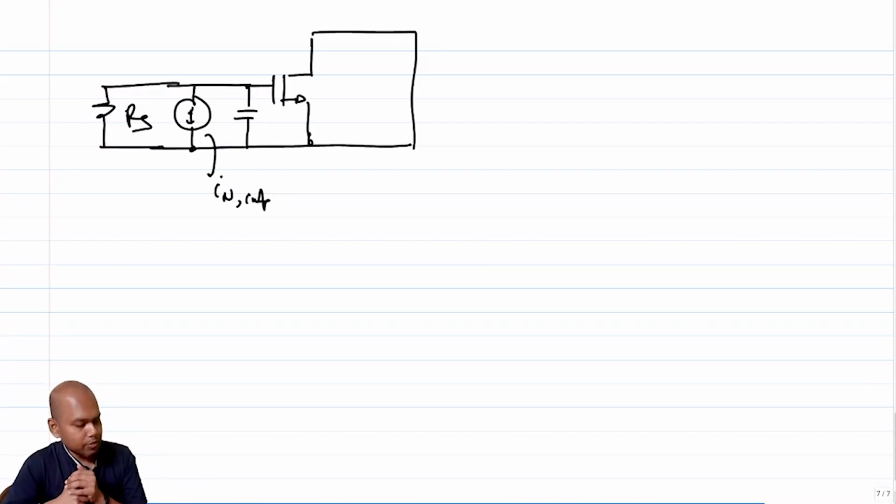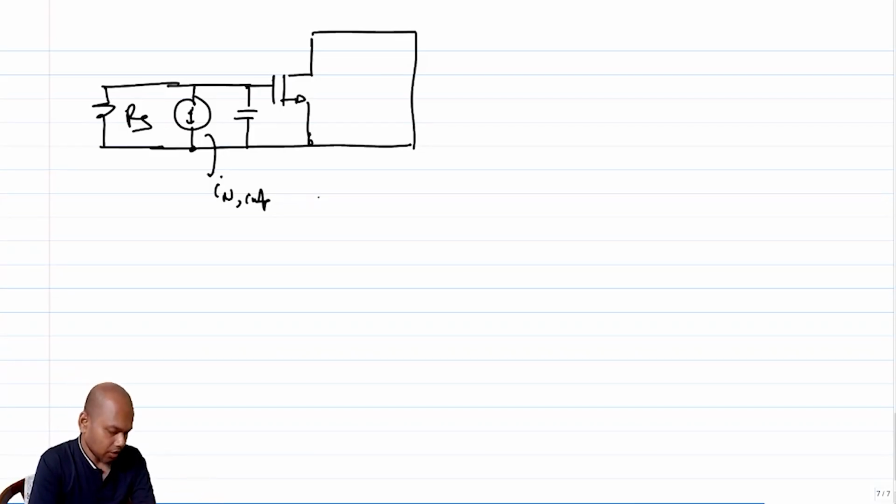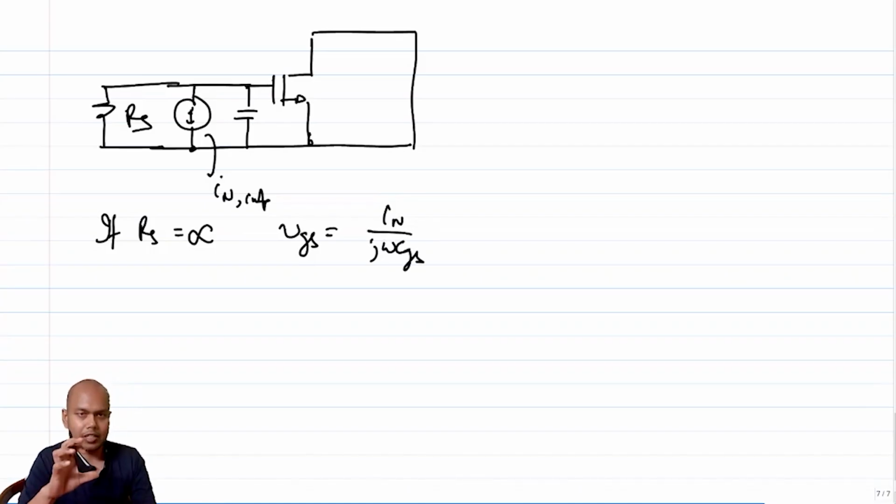Looks like again this seems to be a good option, because I will still be able to drive an input. But what about the case in which RS is 0? Firstly, if RS equal to infinity, does it work? If RS equal to infinity, your VGS is equal to IN by j omega CGS, which means there is a finite VGS and I am going to get some output current.